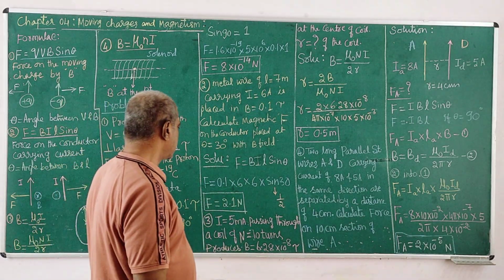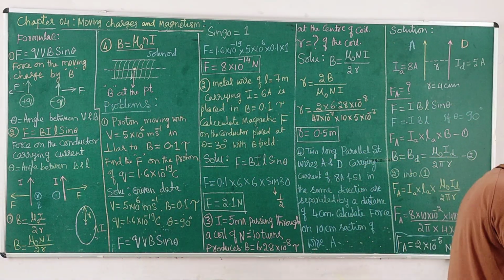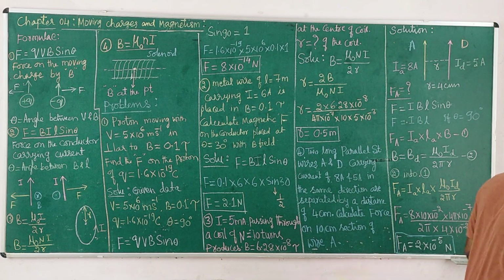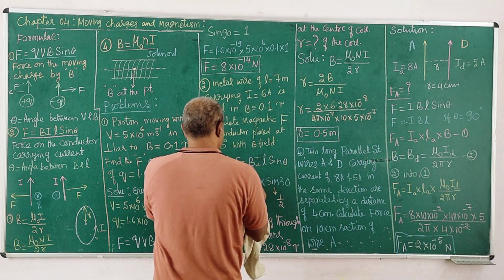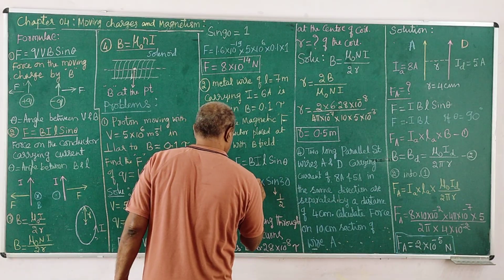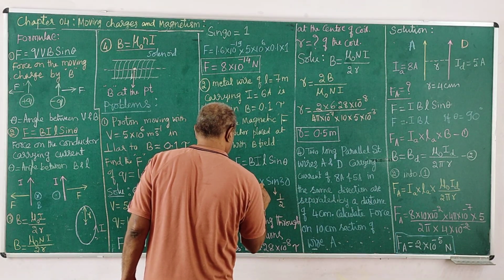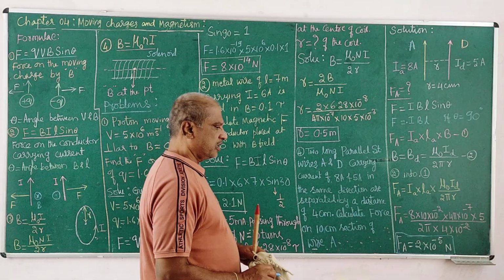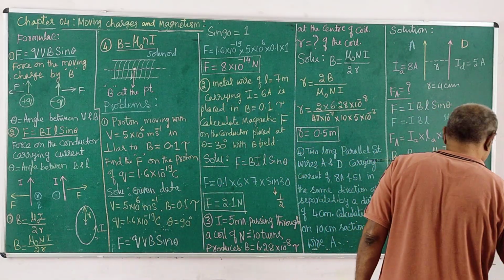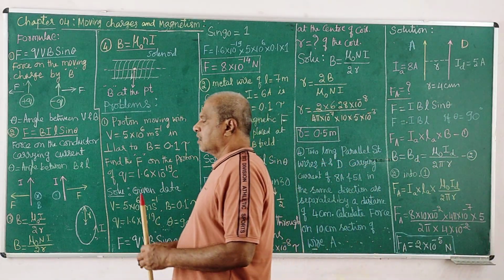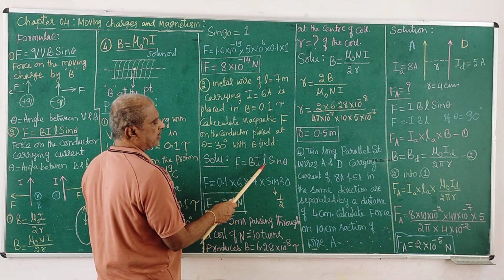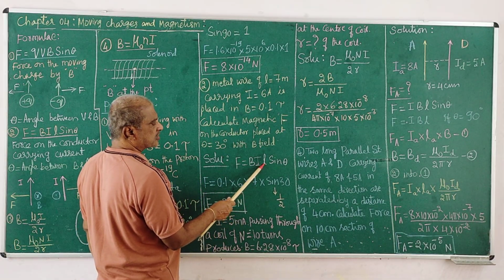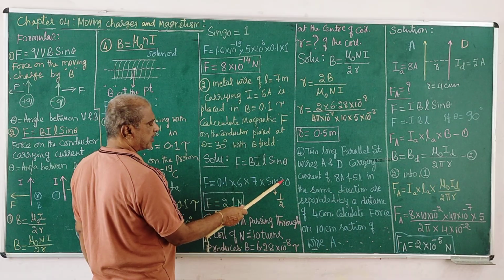L is not 6, it is 7. And theta is the angle between the field vector and the wire. It is 30 degrees.